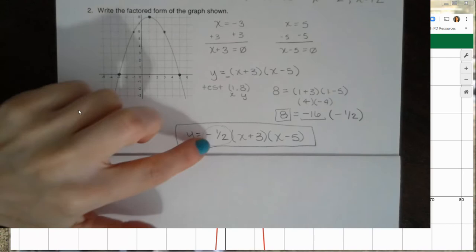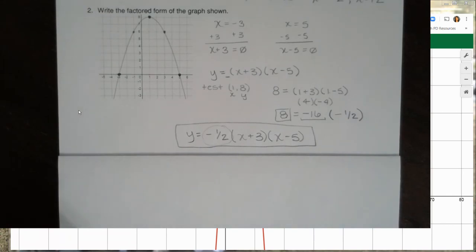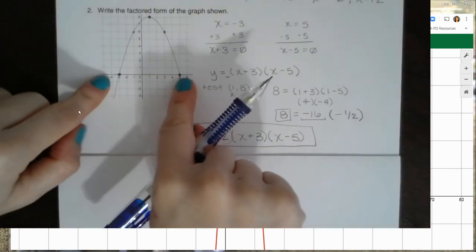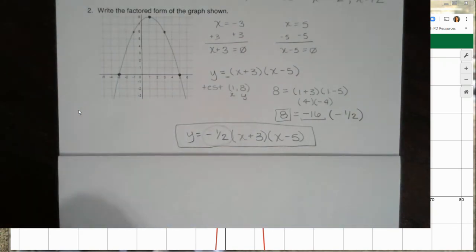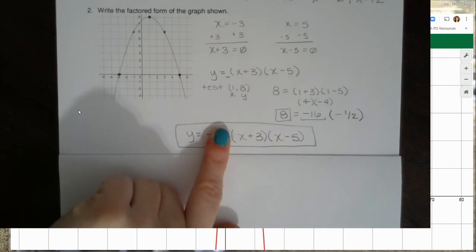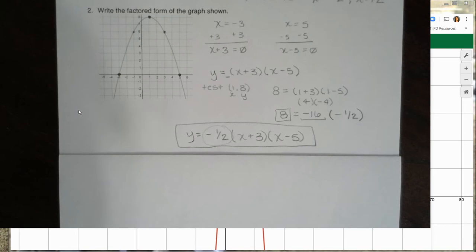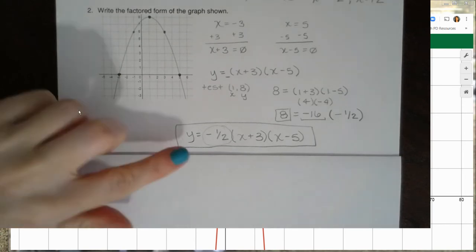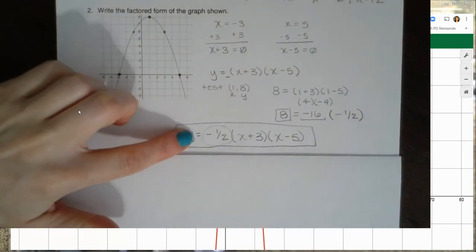The fact that this coefficient is negative tells me my graph would be upside down, which it is, and it has a factor of 1/2, which tells me this graph would be wider than if it was just negative x plus 3 times x minus 5. So this is what it looks like in factored form.